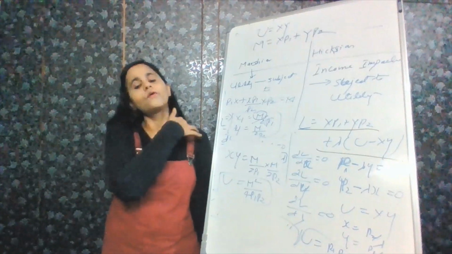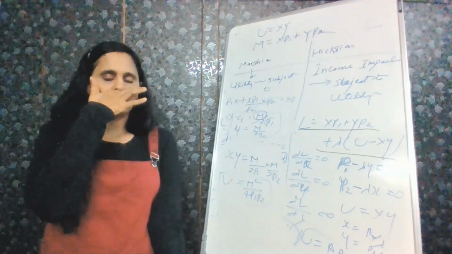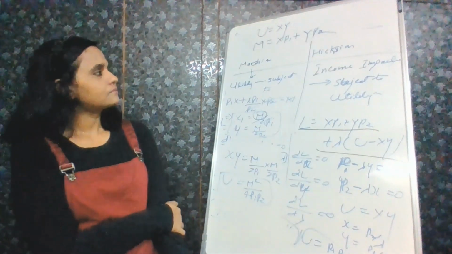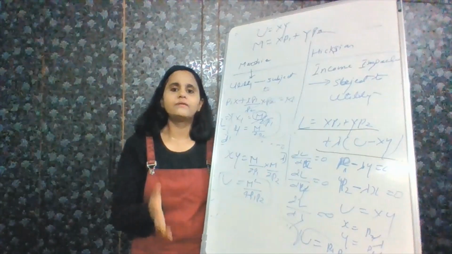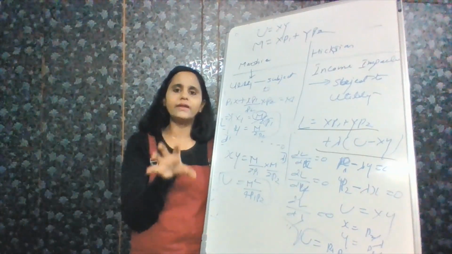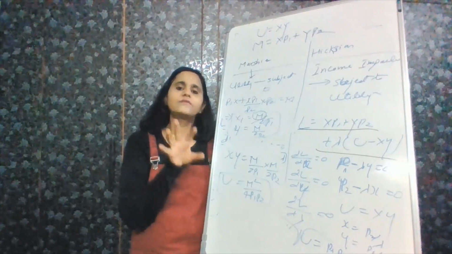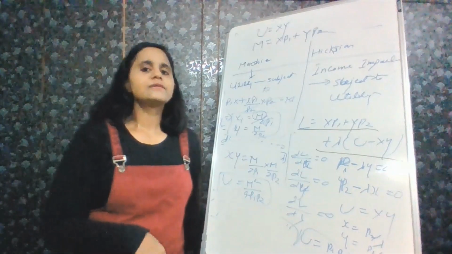So what we have seen using Hicksian is that your real income is a function of utility, and when you compensate for real income, keeping the utility constant, you are trying to derive the compensated demand curve. That's the overall Hicksian approach. Next we will look into the Slutsky approach.